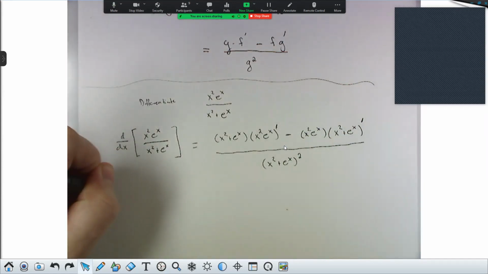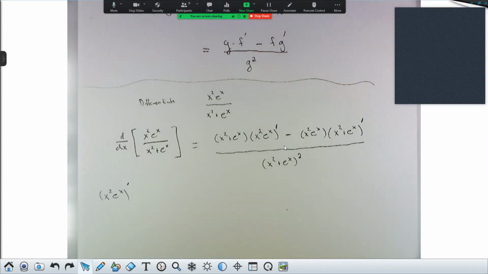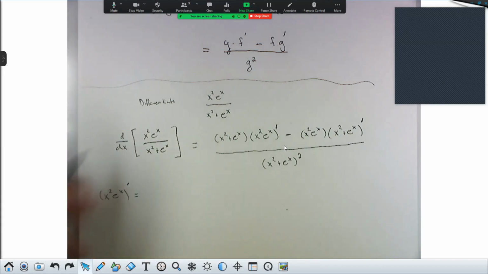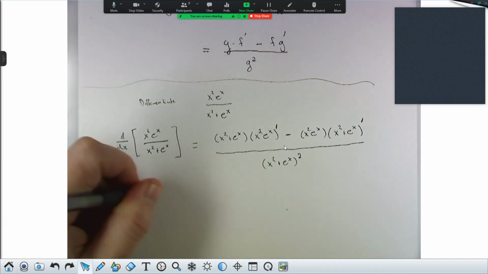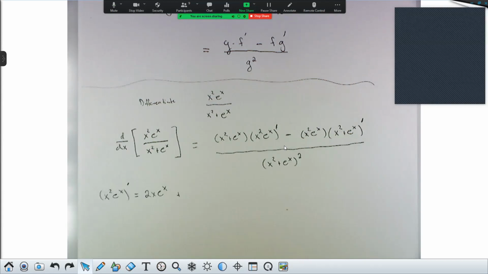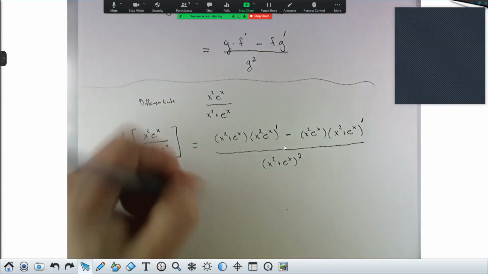So I can say, okay, now x squared times e to the x, all primed. That's a product rule thing. So I differentiate the one and leave the other alone. That's 2x e to the x plus, I leave x squared alone and differentiate e to the x.